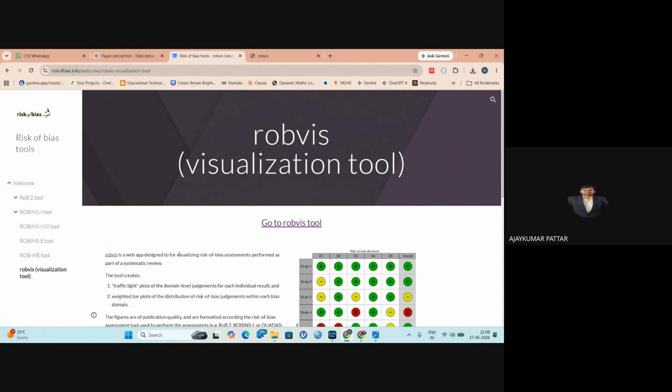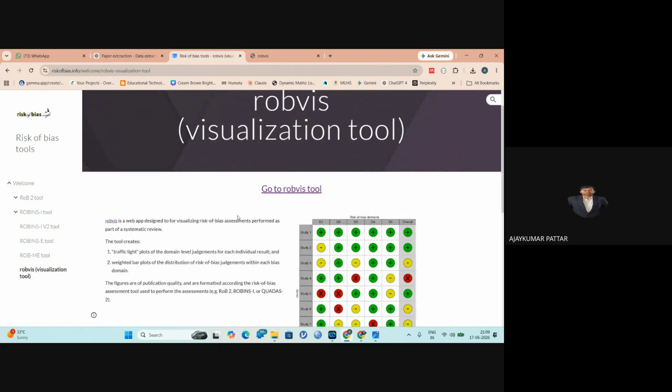So this is about today's session. If you have any doubt, you can ask anytime. You can also practice yourself and understand how these software work in systematic review and meta-analysis. Tomorrow we will discuss the meta-analysis.